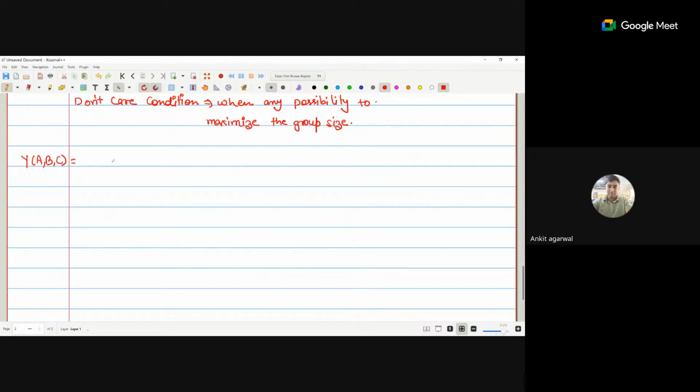F of A, B, C is sigma m of 0, 1, 3, 4, 7 plus sigma d of 2 and 5.